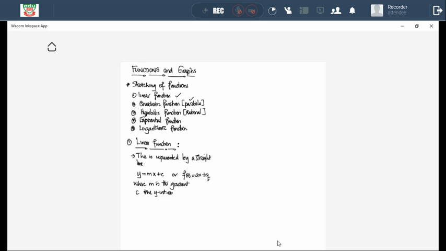Now, the important features that we are mostly concerned with when you are sketching a linear graph is only what? The intercepts.